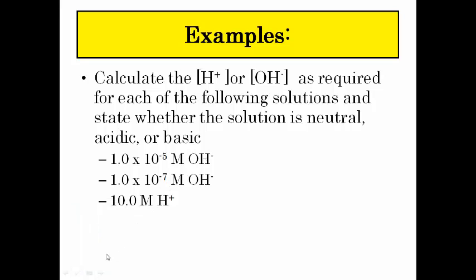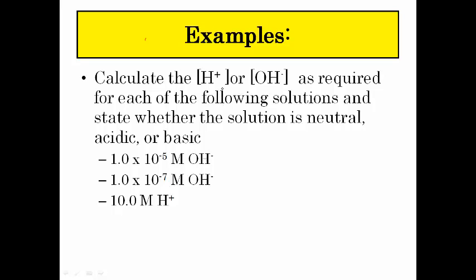So we're going to calculate the concentration given something else. For example, they want us to calculate the hydrogen ion concentration or the OH concentration required for each of the following solutions and state whether the solution is neutral, acidic, or basic. For the first example here, they gave us 1 times 10 to the negative 5th molar OH.